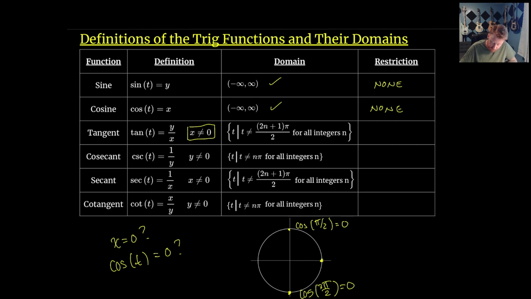I should just write what those points are, because I think that'll be a little bit clearer. So I know that this up here is the point (0, 1), and this down here is the point (0, negative 1), and each of those x values are 0, so we don't need to consider that one.